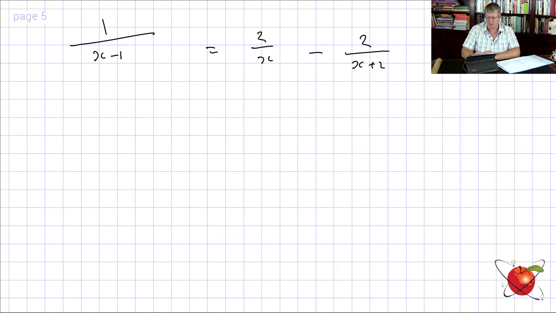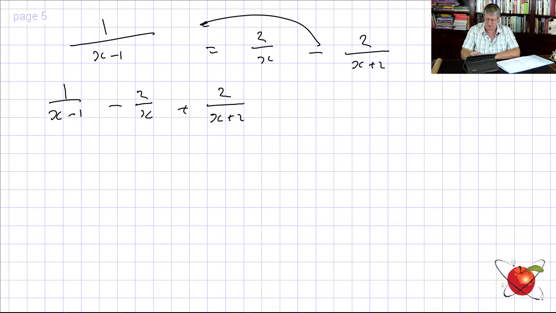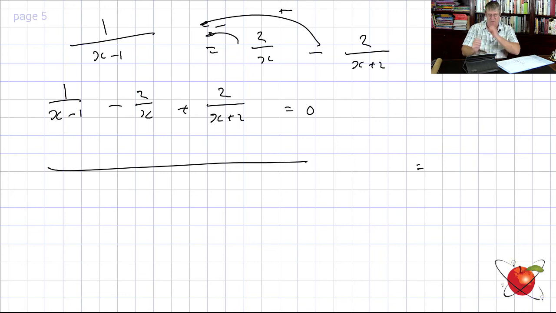When we've got this kind of complicated arrangement, we make everything equal to 0, and then we say this plus 2 over x plus 2. Can you see that's come across and we've made a 2? This one comes across and becomes a minus, all right? You take the whole term across because it's a fraction. It's 2 over x. Now, that equals 0. Next, I look for my LCD. Draw a long line. Okay, equals 0. Then what do?